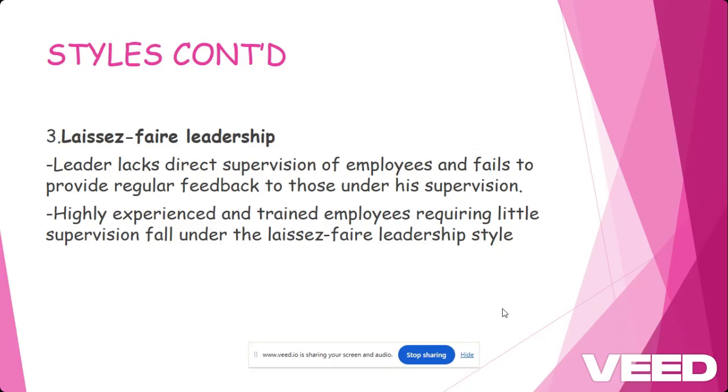They require little supervision. It is a type of leadership where the leader gives them the freedom to do their thing. They're able to control themselves and decide on what to do. The leader is giving the subordinates space to do what is required of them.